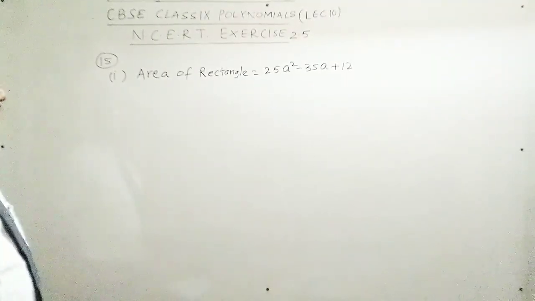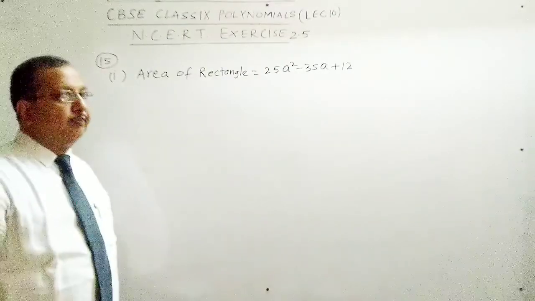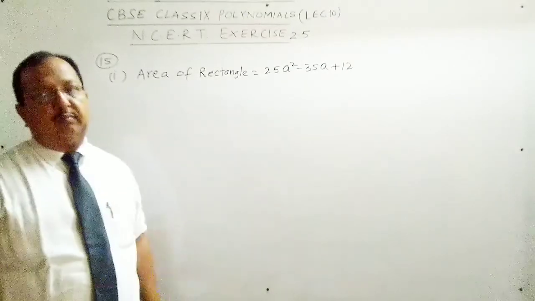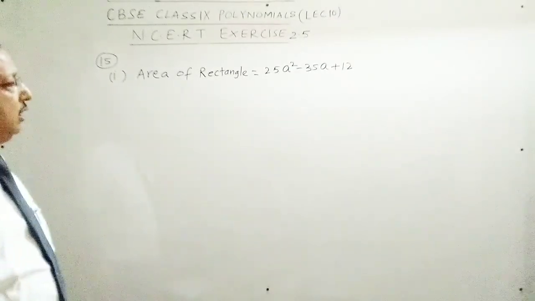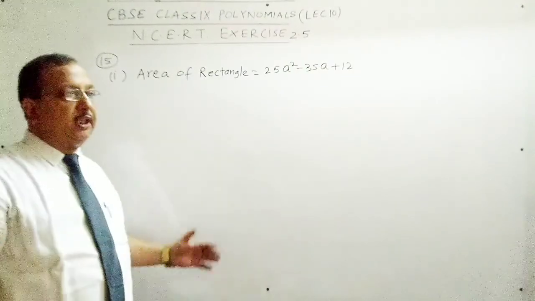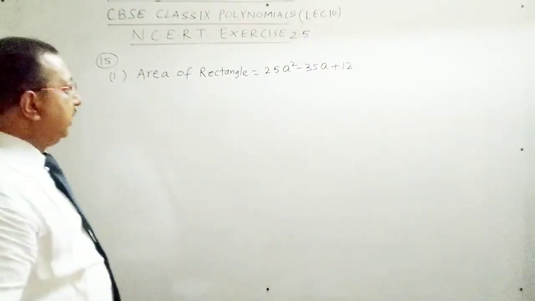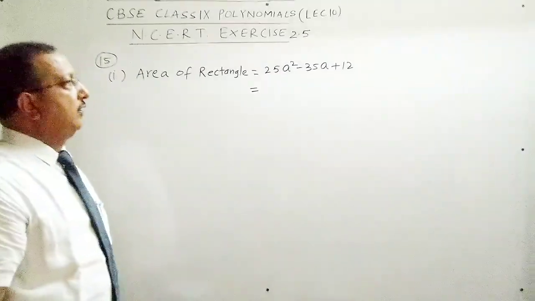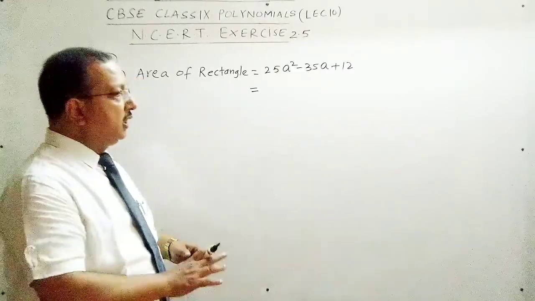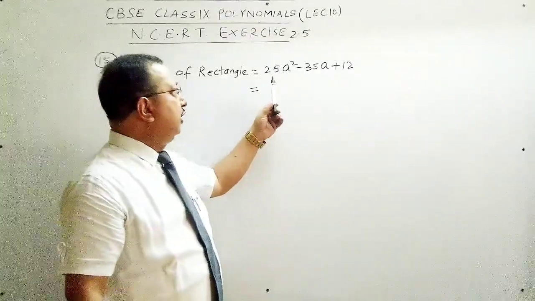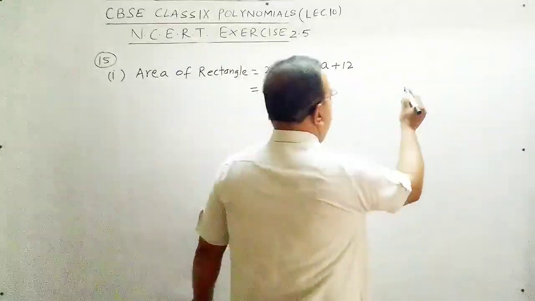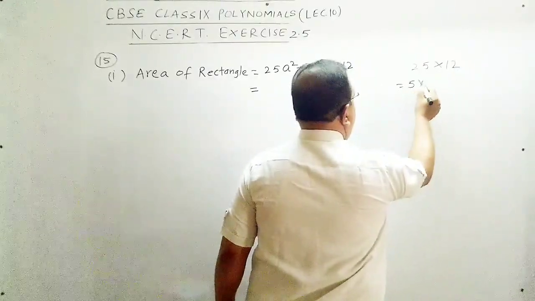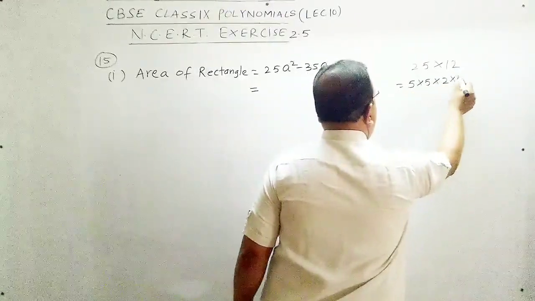Now area of rectangle is given in the form of a polynomial 25a square minus 35a plus 12, and we have to find the possible expressions for the length and breadth of this rectangle. For that, first we factorize 25a square minus 35a plus 12 by splitting the middle term. So for that you multiply 25 and 12. Write the factors of 25 and the factors of 12.